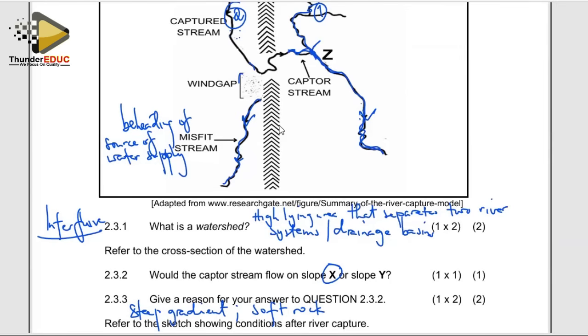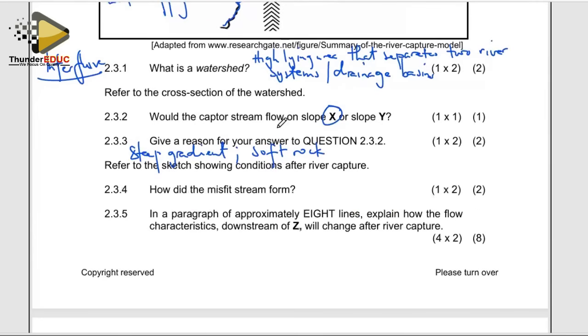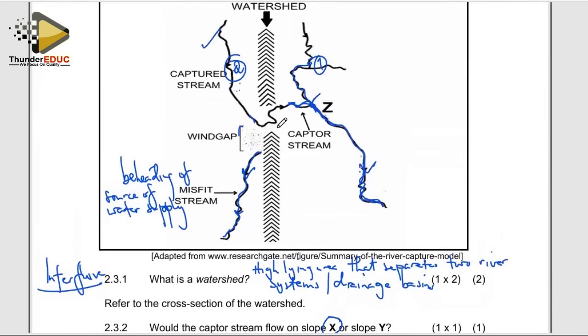Right, there are dimensions that we need to look at that will guide us to look at those changes that are going to be realized, because we need to look at the flow characteristics. Number one, we need to look at the discharge. What is going to happen to the volume of discharge after stream capture? And we also need to look at the energy. We also need to look at the aspect of velocity.